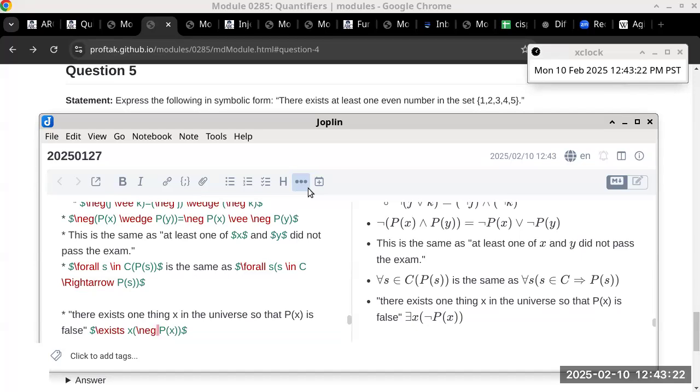P of X can be true or false. It's just a Boolean function. That's all it is. It returns a value that is Boolean. But this is the part where the abstraction of this class is kind of getting in the way, because our focus is not even how P of X is defined.